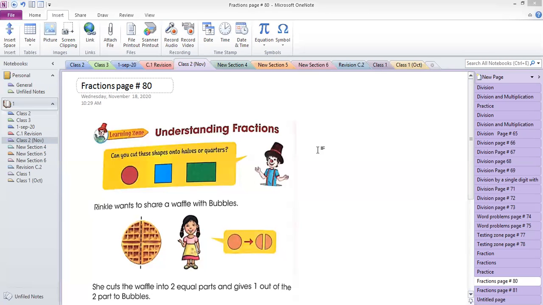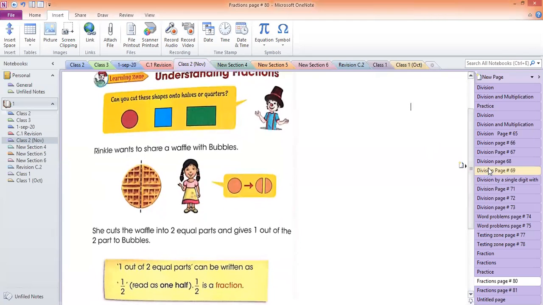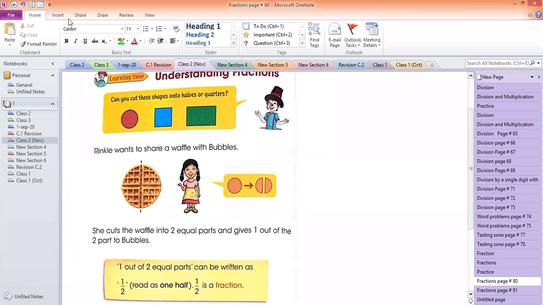Now coming to your book, it is on page number 80. Guys, open your books to page number 80. This is understanding fraction, right? So we will revise these concepts with the help of your book also. Can you cut these shapes into halves or quarters? Yes, we can cut this. If we cut from here, it will be divided into equal parts.